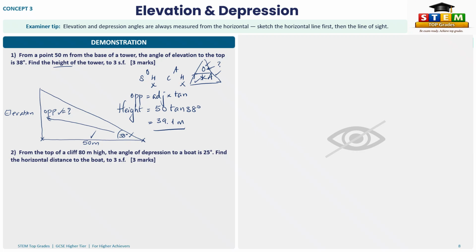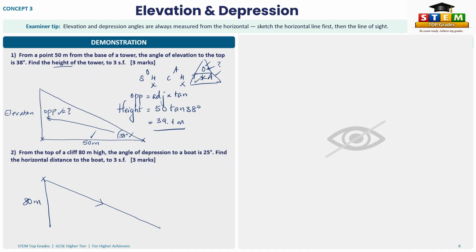Okay, next question. From the top of a cliff, 80 meters high, so we're looking from the top. So the angle of depression, our line of sight is towards the bottom.